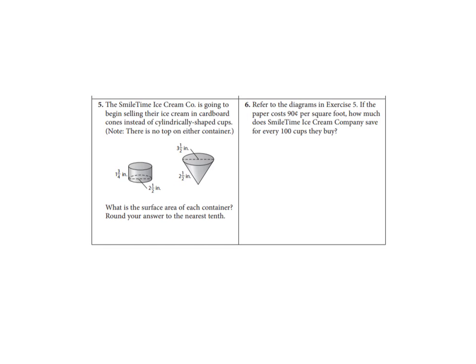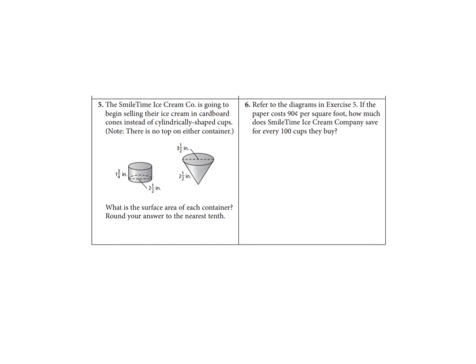You also have to look back at your formulas to make sure you know how to do that. For the cone you just need the lateral surface area, and for the cylinder you need the surface area without the top. Interesting. Wonder which one wins.